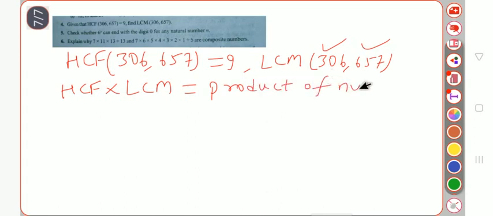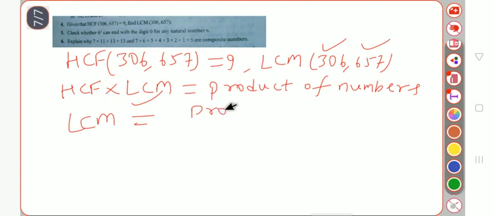So from here we can find what we have to find, the LCM. Take LCM from here and send the HCF to the RHS.